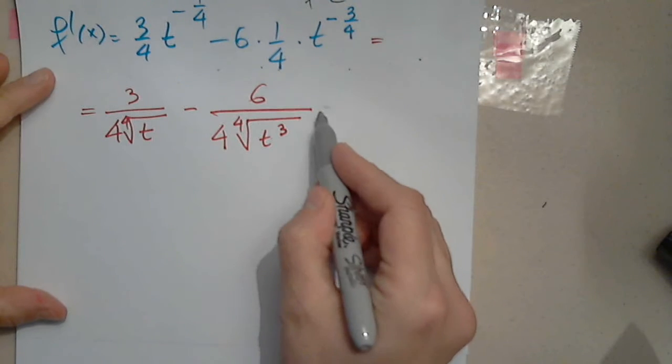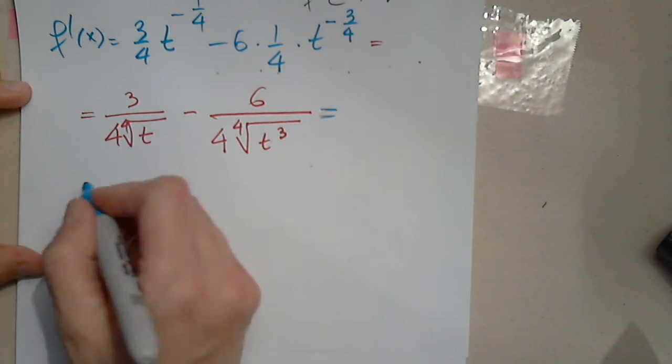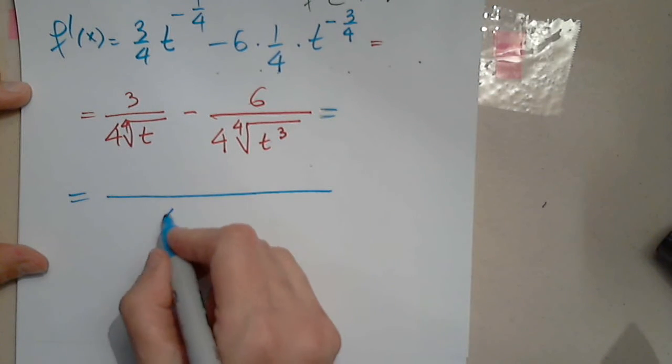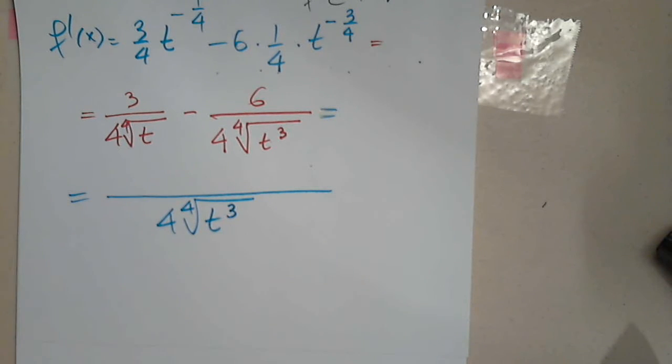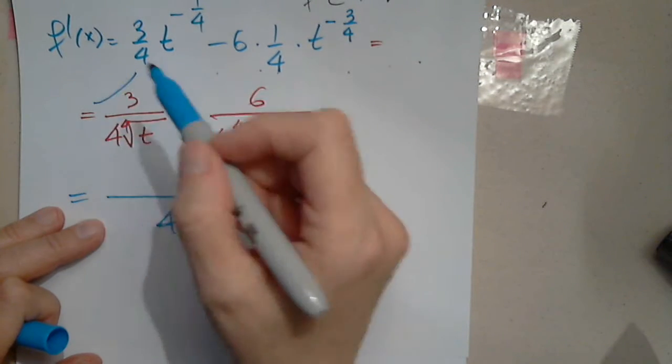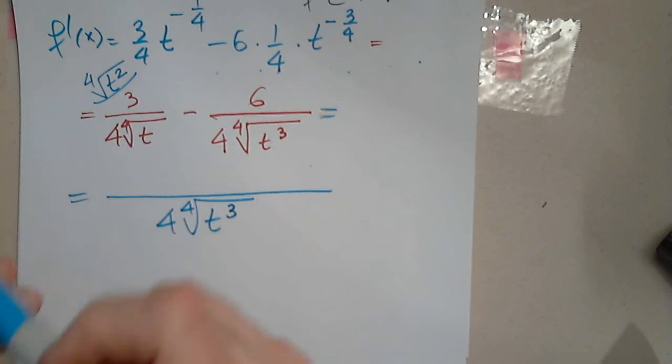The least common denominator obviously is 4 times the 4th root of t to the 3rd. So I need to multiply the numerator by the 4th root of t squared.